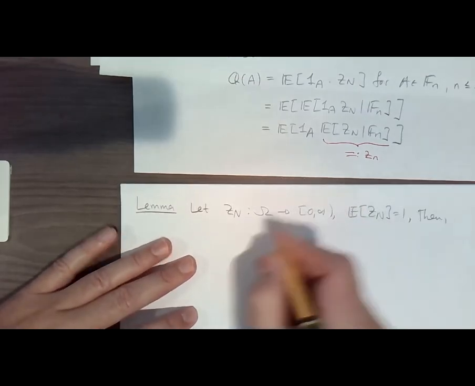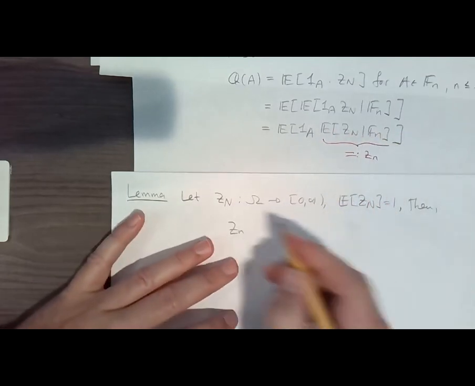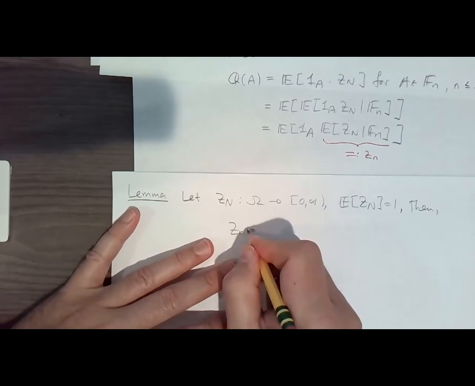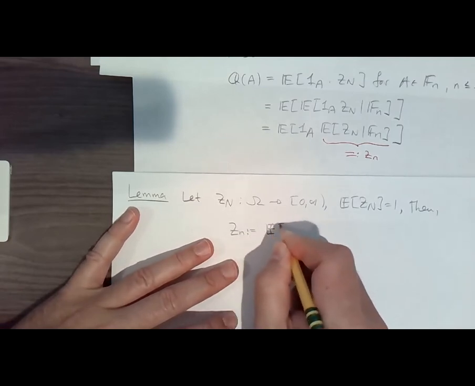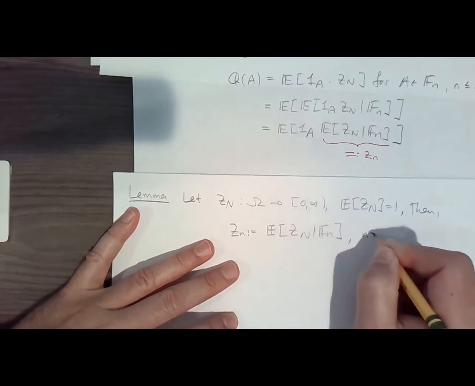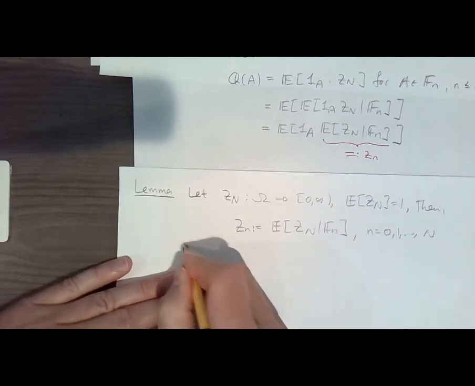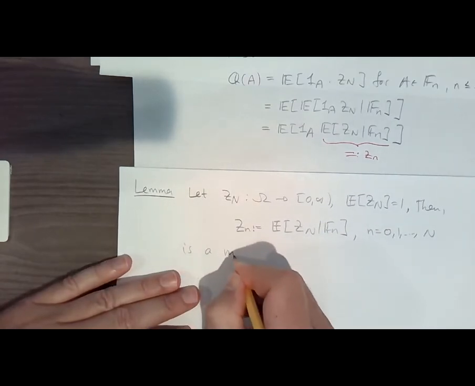Then this process, the C little n, the one that came up, for n equals 0, 1, up to capital N, is miraculously a martingale.